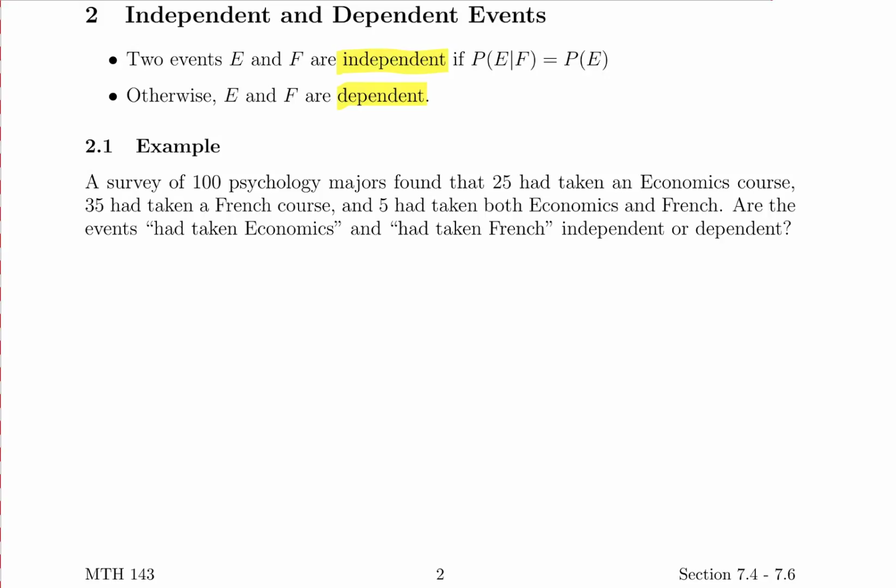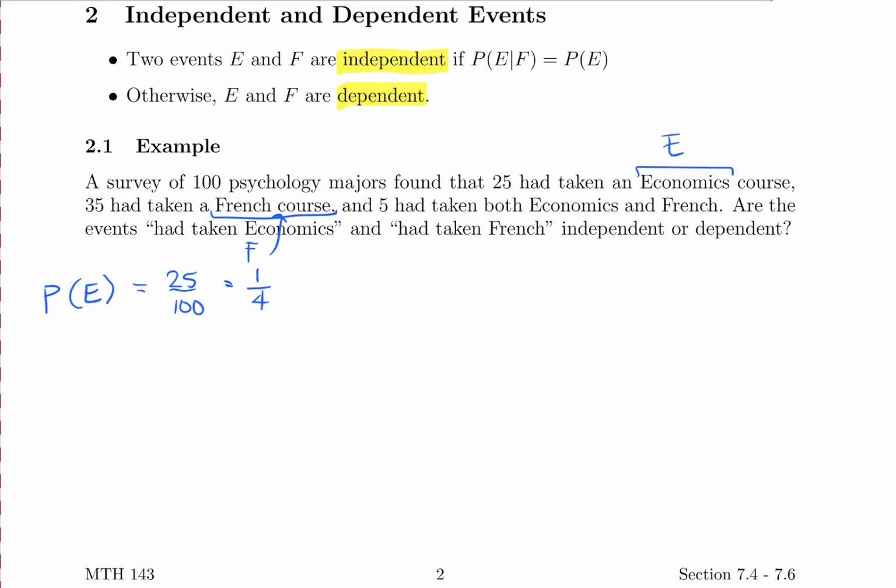Okay, so let's see. Let's write down what we know. I'm going to use E for economics. Economics will be E, and French will be F. So the probability of taking an economics course, there were 25 out of 100 total. So this would be 25 out of 100, or if we simplify, that would be 1 in 4.